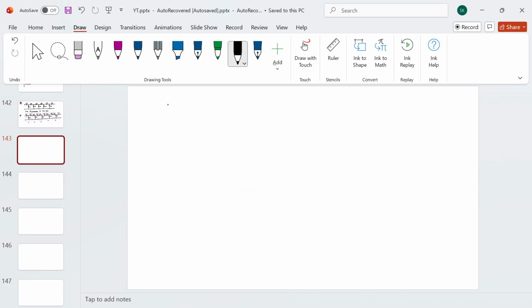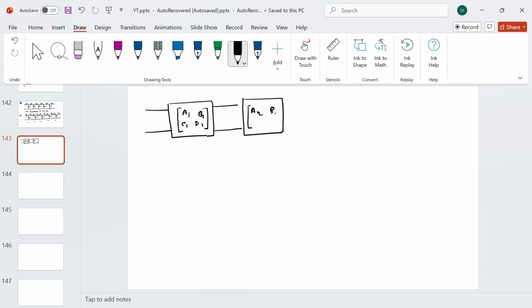Let's say you have one network that has an ABCD matrix A1, B1, C1, D1, and I have two networks connected in cascade. This is my A2, B2, C2, and D2.